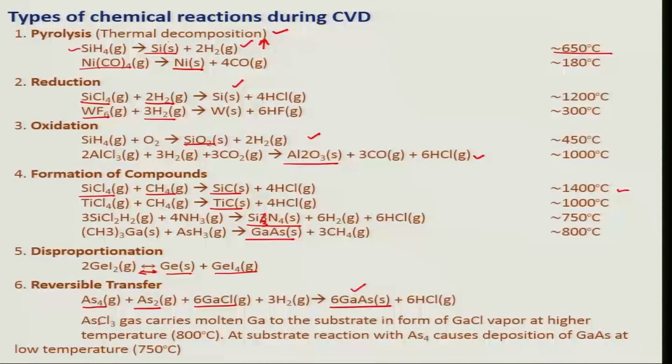In this case, HCl gas carries molten gallium to the substrate in the form of gallium chloride at 800 degrees C, and at the substrate it reacts with As4 to make the thin film of gallium arsenide.